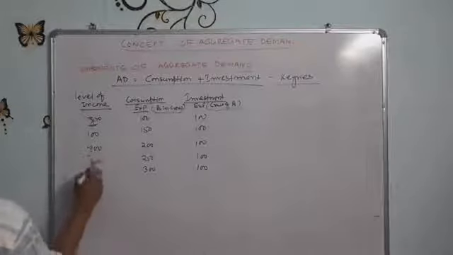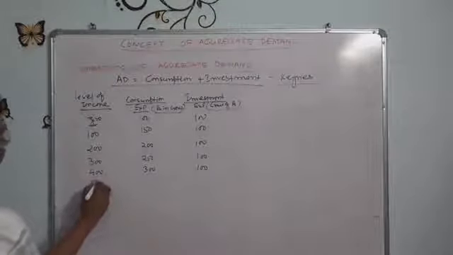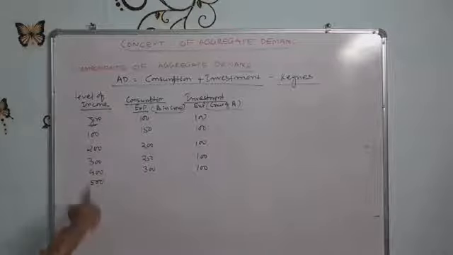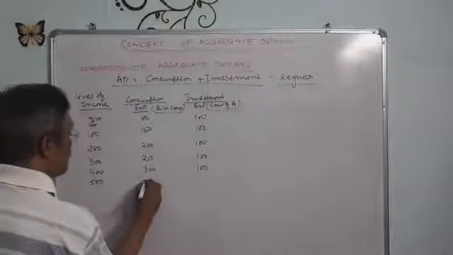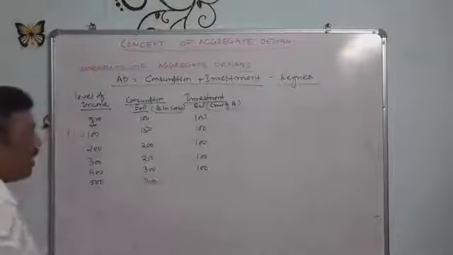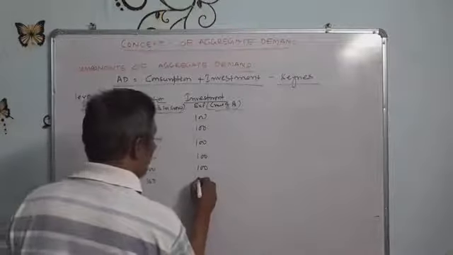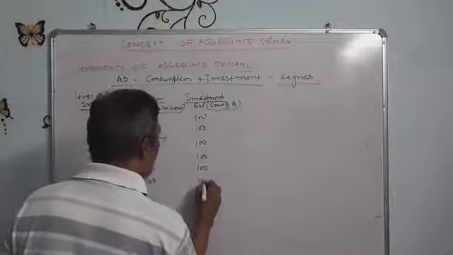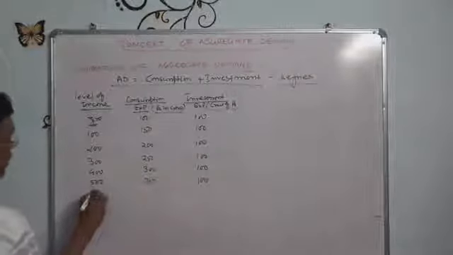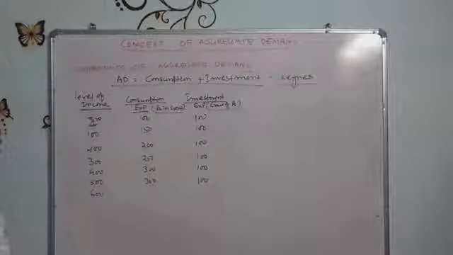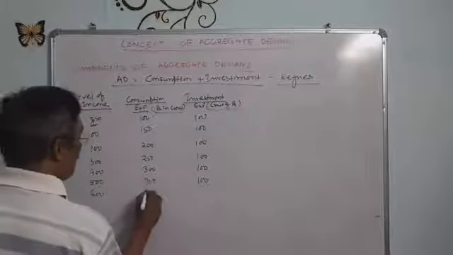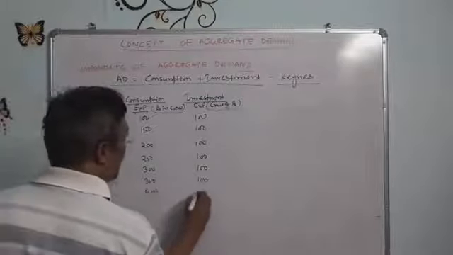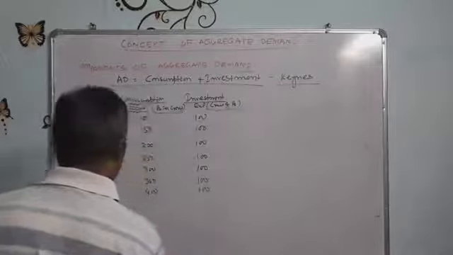Similarly, if the level of income increases from 400 to 500, consumption expenditure increases from 300 to 350 and investment expenditure will be 100. Similarly, when income increases from 500 to 600 crores of rupees, consumption expenditure is 400 and investment expenditure will be 100.